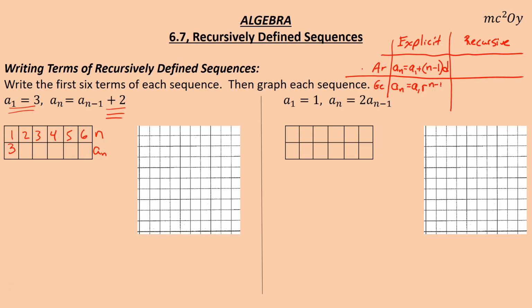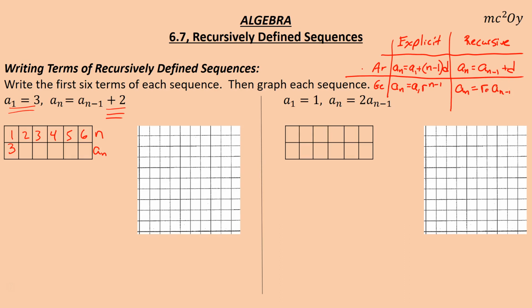And then my recursive rules for arithmetic, a sub n is equal to a sub n minus 1 plus d. And then for geometric, a sub n is equal to r times a sub n minus 1. Okay, so those are my rules right there.